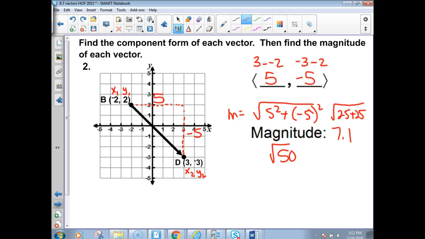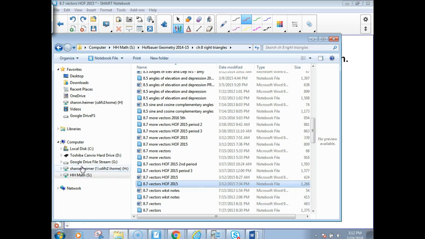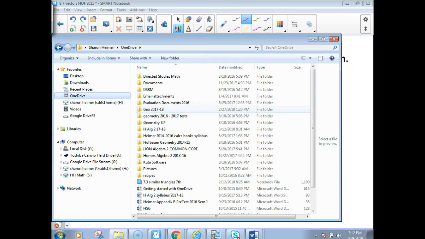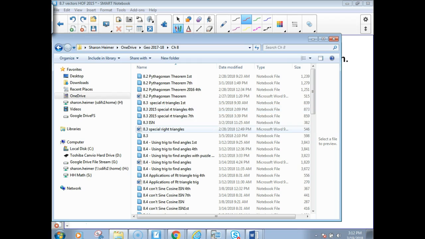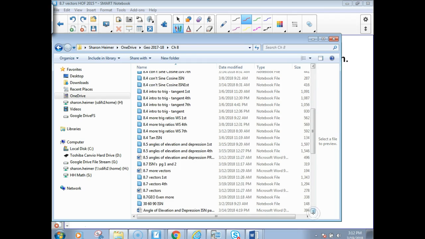We're on to the next. Give the magnitude and direction for a vector. Find its component form. I just remembered something, and that is that I did not do the last page in the ISN, did I? No, we didn't do that final page, which is what the next questions are about. It says vectors continued, or the last page of the vector thing. More vectors.